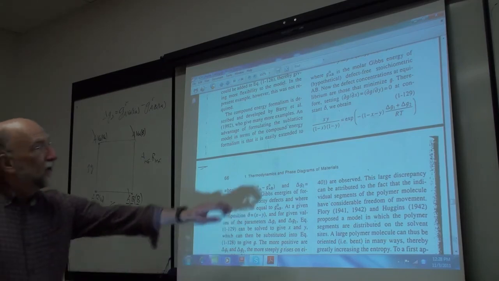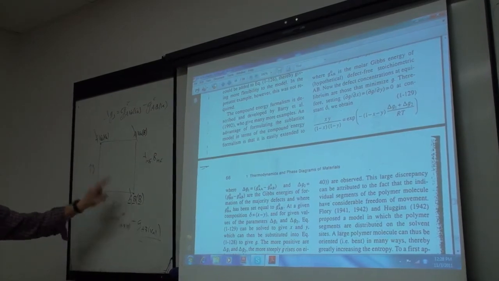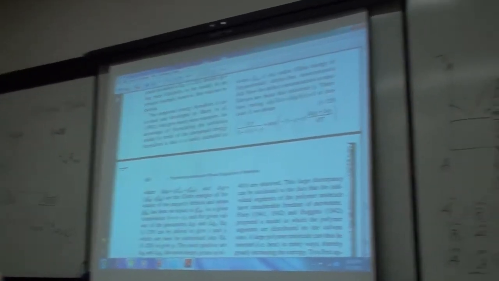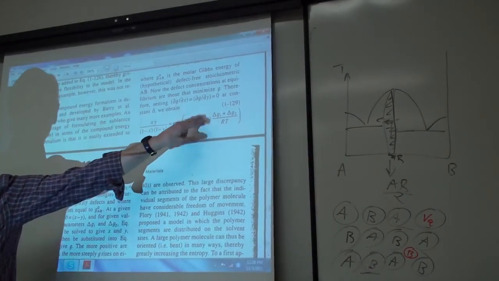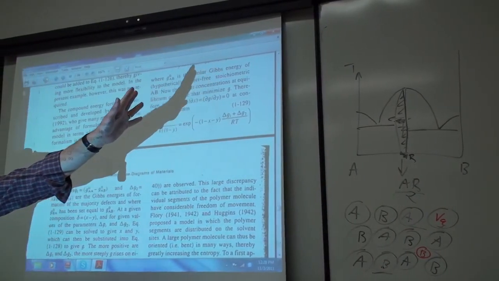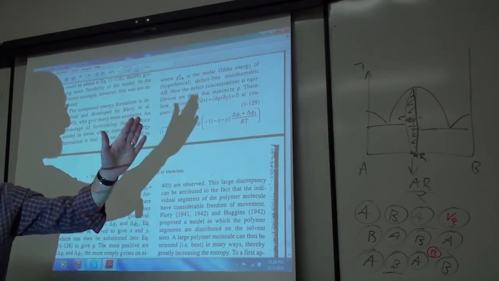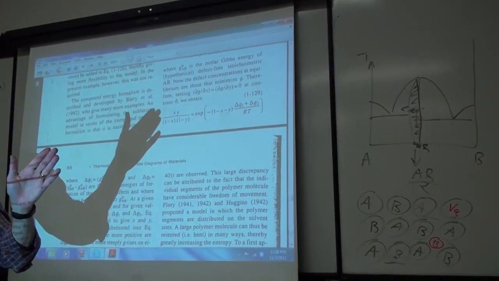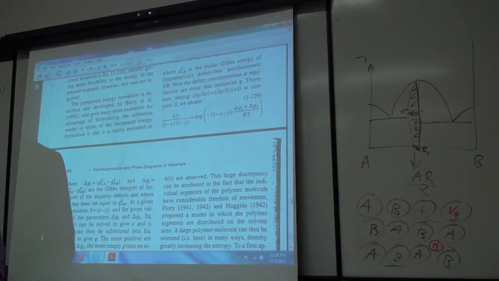In fact, you'll have xy over (1 minus x)(1 minus y), which is the same, the concentration of the defects, delta G1, delta G2, and it just might be a slightly different small, almost one term in between. And once again, the delta G1 and the delta G2 determine how far you are on one side or the other. Okay, and it looks almost exactly the same.